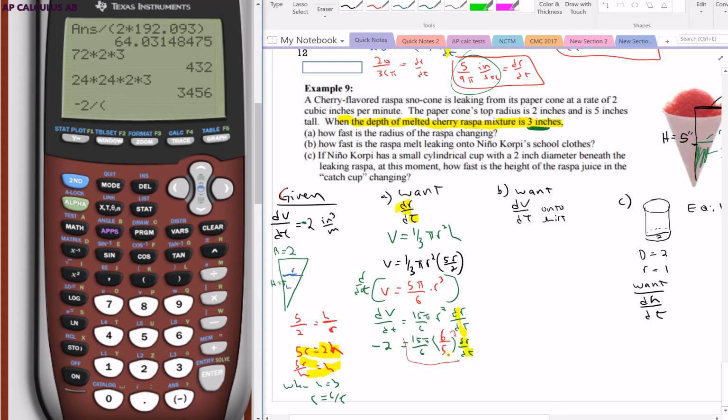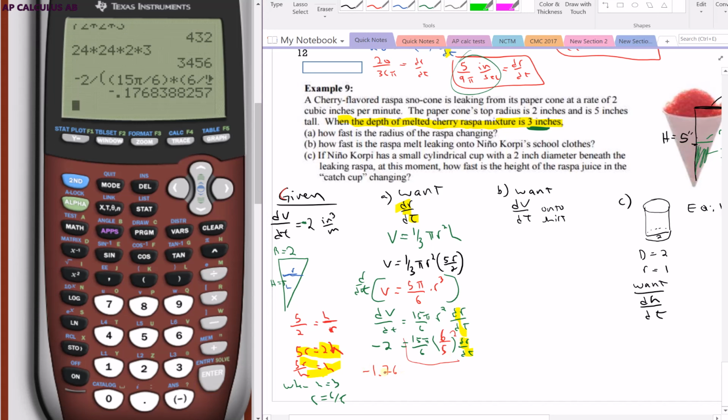Divided by, let's do another parentheses, 15 pi divided by 6, close parentheses, times 6/5 squared, close parentheses. There you go. That's -1.7. How many decimal places? 3. And you can truncate around.